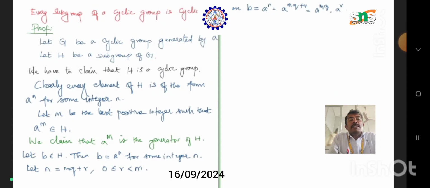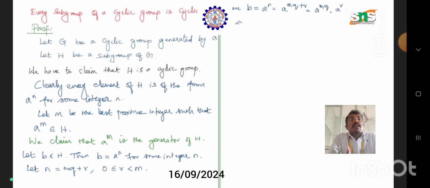Now the integer n can be written as n is equal to mq plus r. Already we have worked on concepts like the division algorithm, so you can understand on seeing this. n is equal to mq plus r, where q is the quotient, r is the remainder, and r lies between 0 and m.